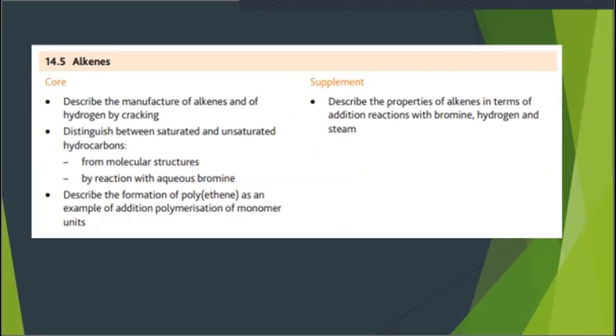Distinguish between saturated and unsaturated hydrocarbons from molecular structures and by reaction with aqueous bromine. And then describe the formation of polyethylene as an example of addition polymerization of monomer units. We also want to be able to describe the properties of alkenes in terms of addition reaction with bromine, hydrogen, and steam.